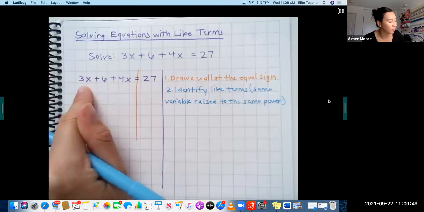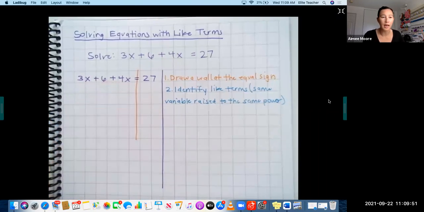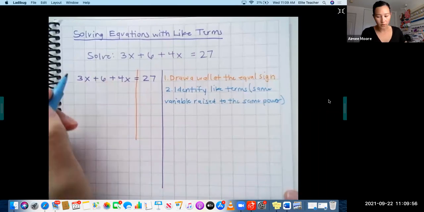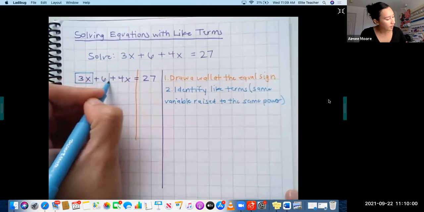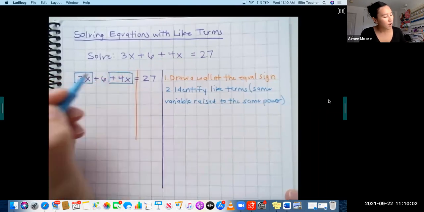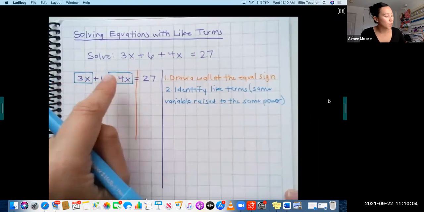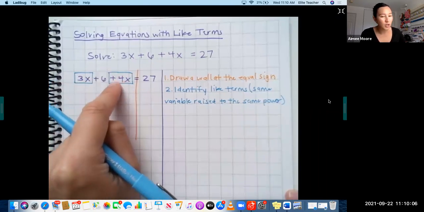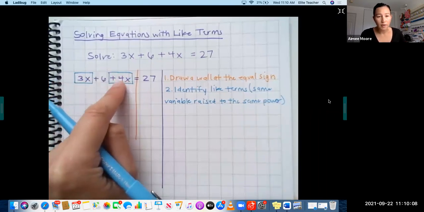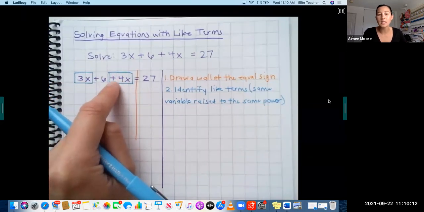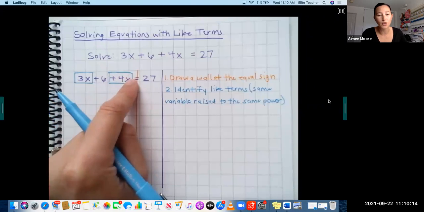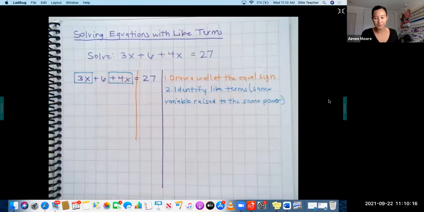We always want to check, before we start moving things side to side, if there's anything we can simplify on the same side of the equation. Here, 3x and 4x are like terms. When you identify your like terms, make sure to include the sign. The plus belongs to the 4x, and if it were a minus, it would belong to the term too, so make sure you include that.